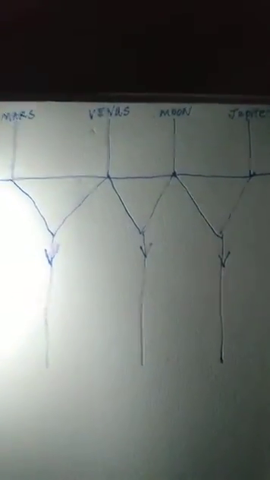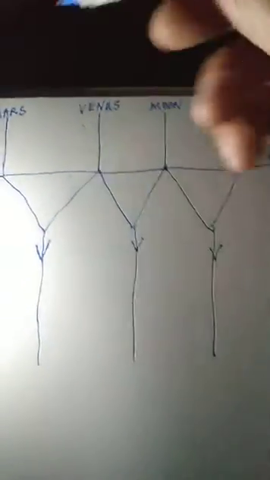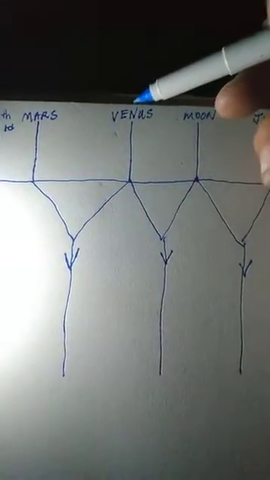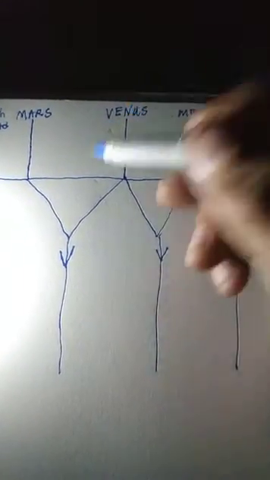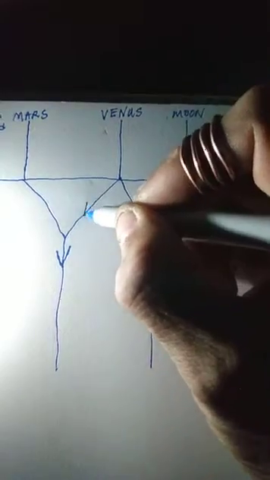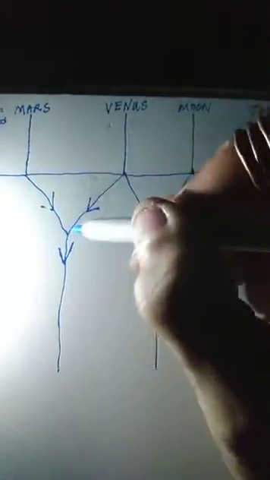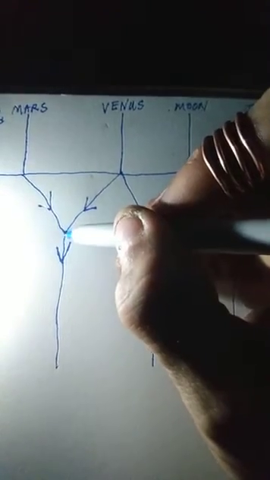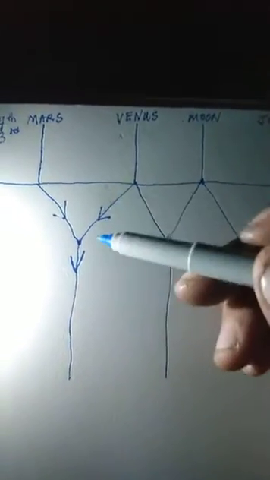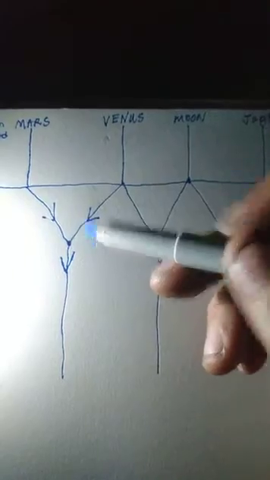Okay, so it starts out as Mars and Venus, and then Mars and Venus will blend together and end up the same here. And now what we see here is a first.